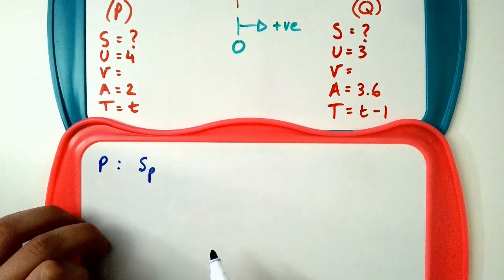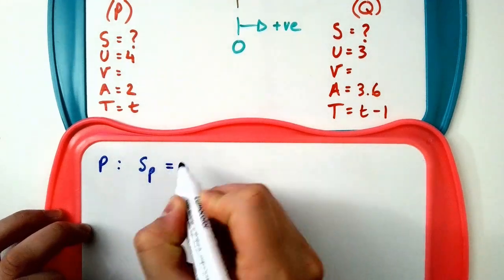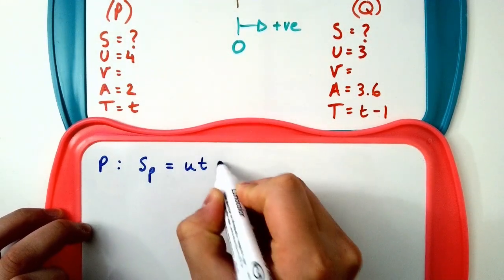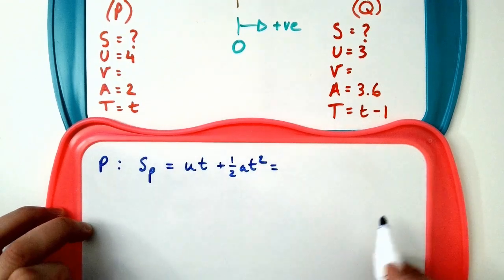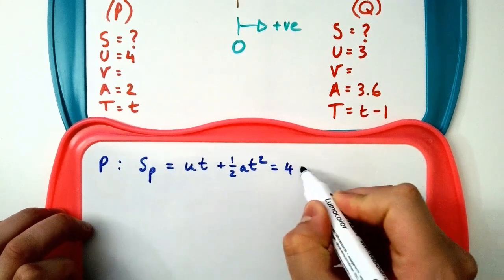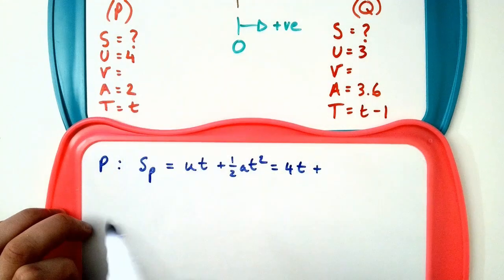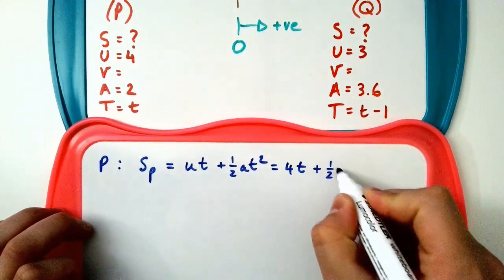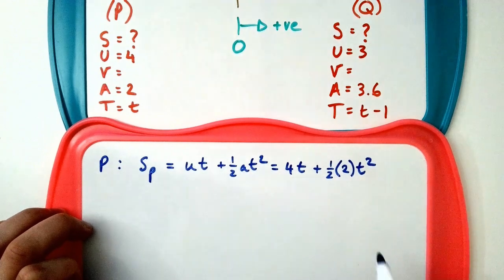So S_P, that's displacement subscript P, equals ut plus half at squared, which equals, well, ut is going to be 4t plus half a, which is 2t squared.